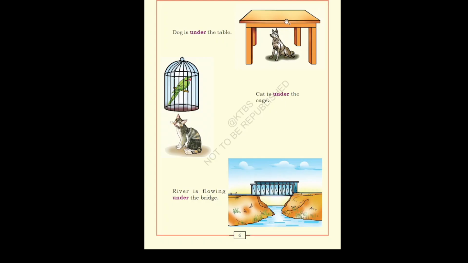So both we can see: the object above the table we call it as on the table, which is below the table we call it as under the table. So dog is under the table. Next, we have cat is under the cage. So this is cage and parrot is inside it.